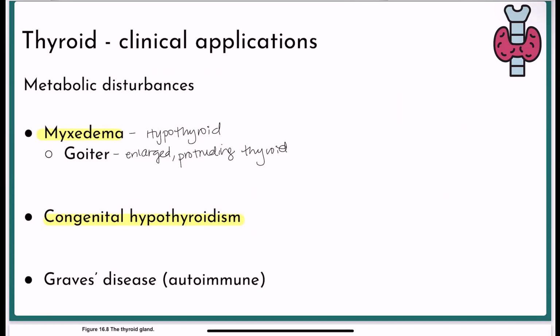On the flip side, hyperthyroidism is most commonly Graves' disease. So this is hyper, which means that there's too much TH. And this is an autoimmune disorder, so that means that the immune system is causing this. What happens is that the thyroid follicle cells are being attacked, but through a series of steps, this actually triggers more thyroid hormone release.